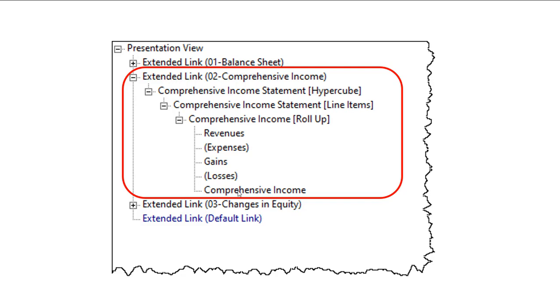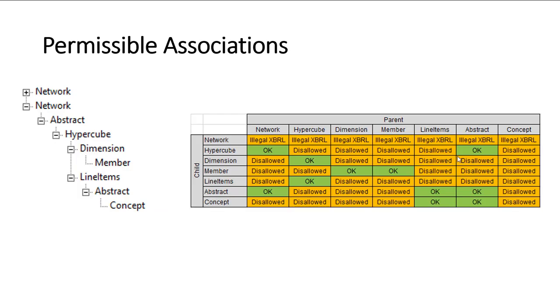So it used to be the case that people got this wrong a lot, and the kind of errors they'd make is that they would put a member, let me go back here, down here as an abstract, or they might put a concept up here as a member.